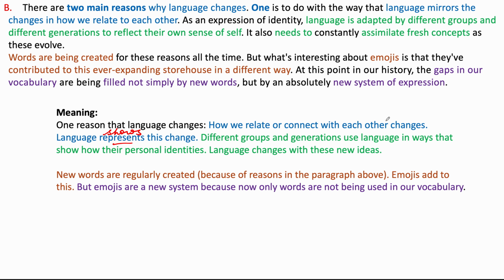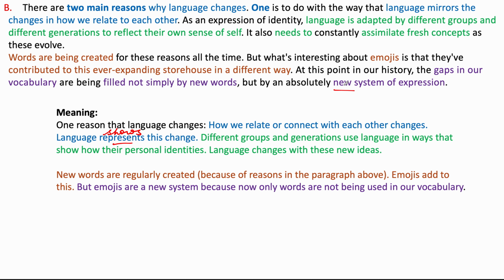The second paragraph says, new words are regularly created. Emojis add to this. So, just as new words are created, emojis have also been created. But emojis are a new system, so they are a new system of expression in the vocabulary.